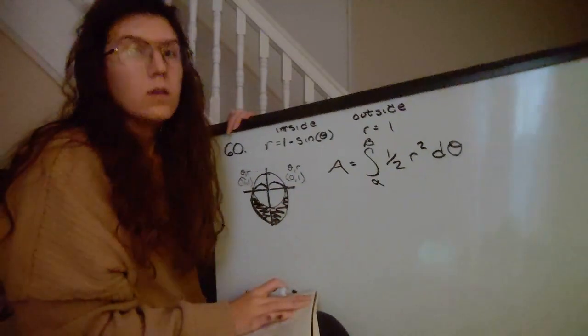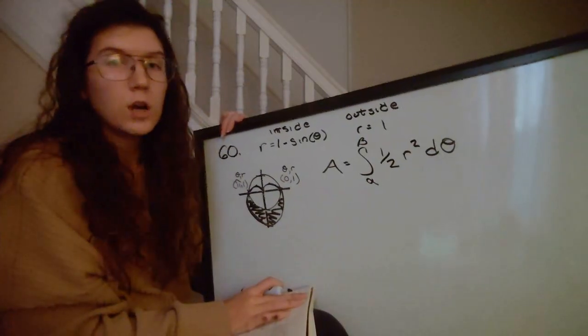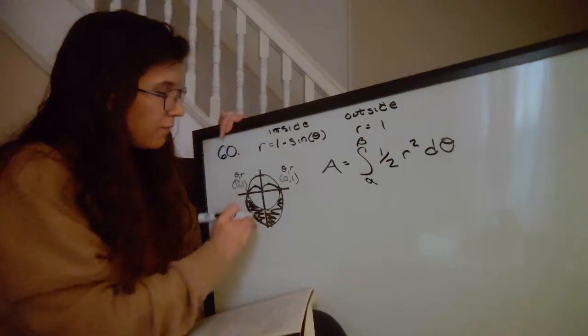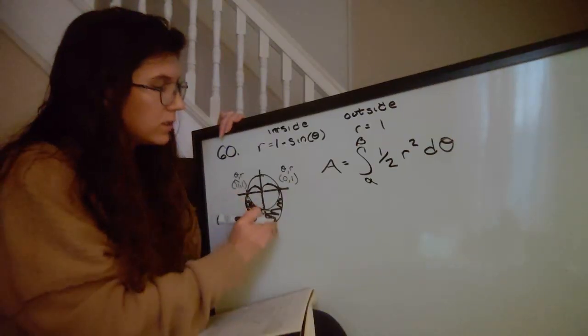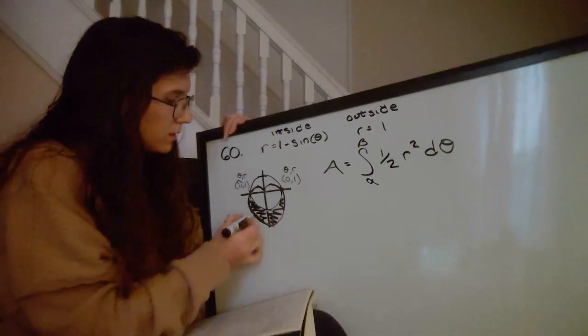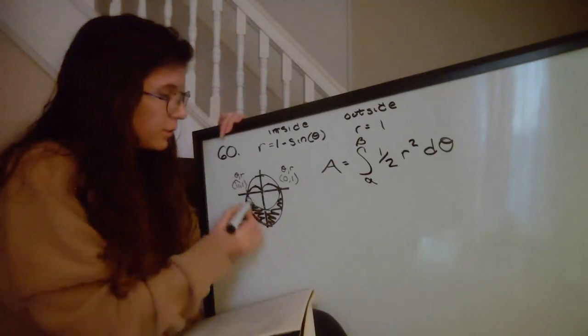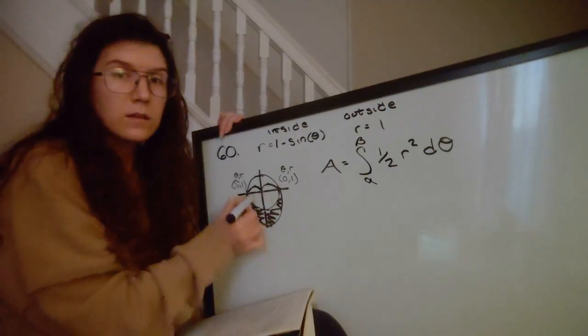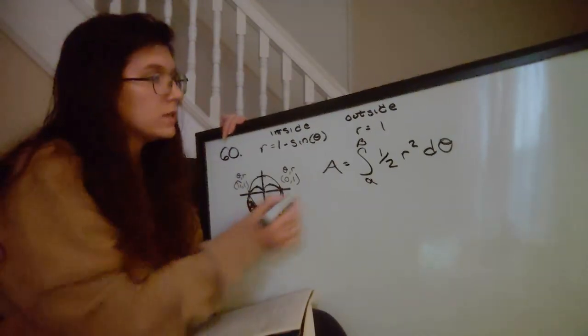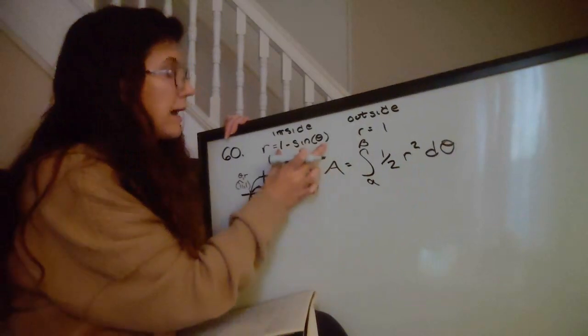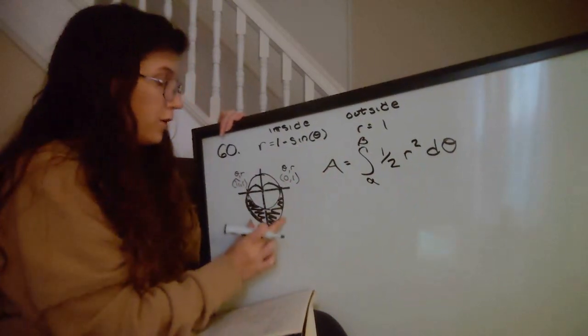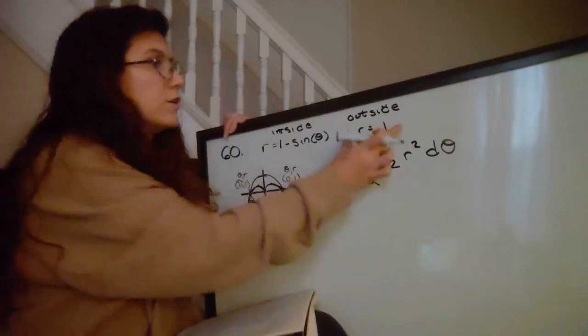Easy peasy. Same with our regular integration and area formulas. But whenever we have 2 boundaries, we are going to need to do a subtraction. So I'm going to need to do inside of this guy, and then subtract this guy. So I need the outside radius minus our inside radius.